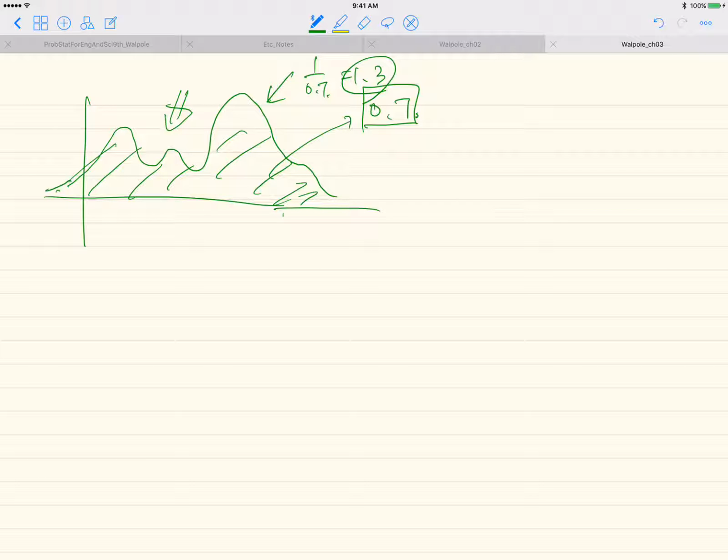China is producing 60% of all the MacBook, and Korea is generating 40% of the MacBook. And then this MacBook can either work great or it can fail.